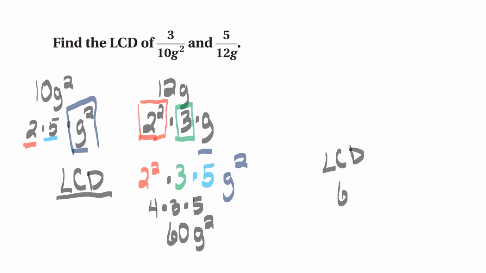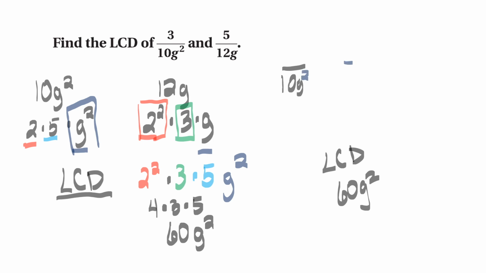is 60g squared. So then from here, what we would need to do is figure out how to find new denominators, right? So we would need to be changing from our 10g squared. Oops, I'm sorry, that doesn't look like a squared. Let me fix that.